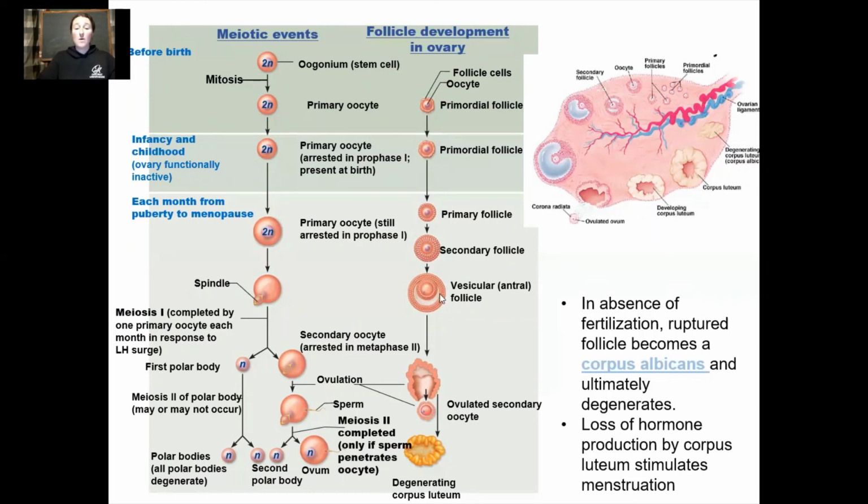And so right before ovulation, there is the development of this vesicular, antral, tertiary, Graafian follicle, where the oocyte itself is surrounded by the corona radiata, embedded within the fluid-filled antrum, and surrounded by both the granulosa and thecal cells.